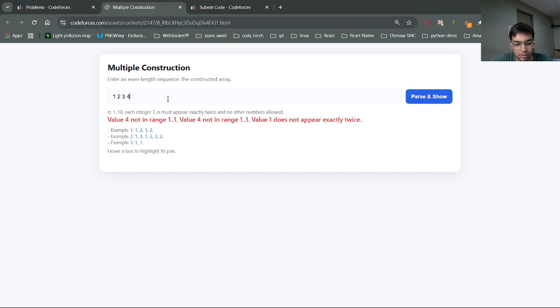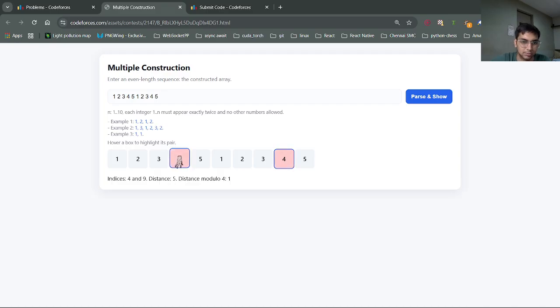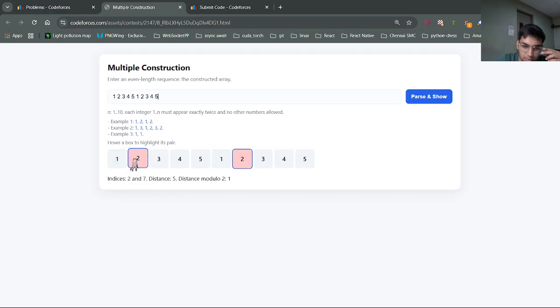Yeah, 1, 2, 3, 4, 5, 1, 2, 3, 4, 5. Damn, they've done a really good job. So 1 will obviously be divisible by 2, 3, 4, 5.